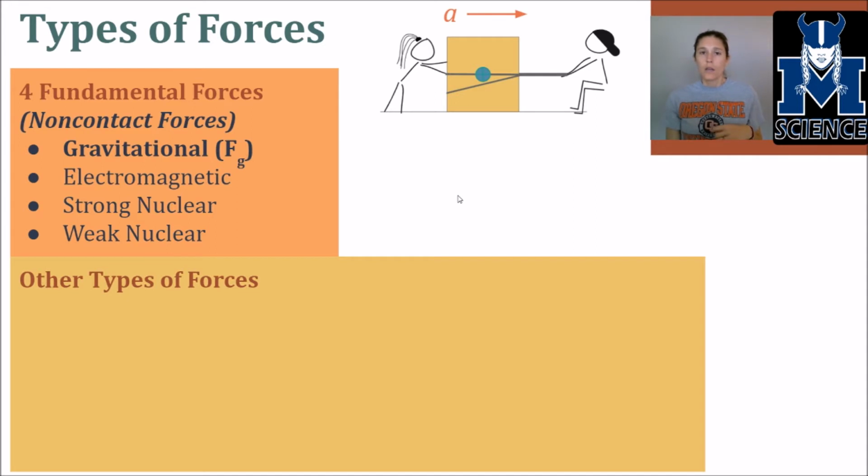Okay. In this class, we're going to talk about contact forces, and a lot of these contact forces are actually due to the electromagnetic force. Like when I put my hand on the table, it's not going to go through the table because the electrons in my hand are repelled by the electrons in the table. Okay, but there's lots and lots of electrons, so it's useful to think of these as just different types of contact forces.